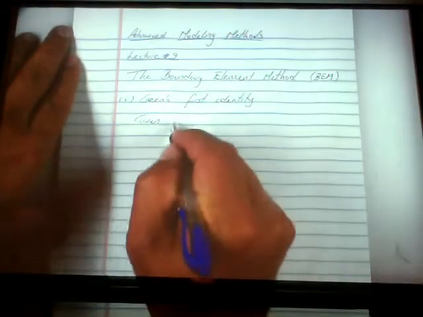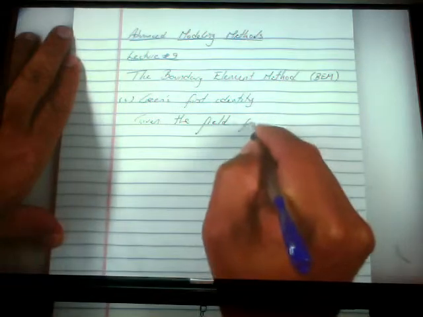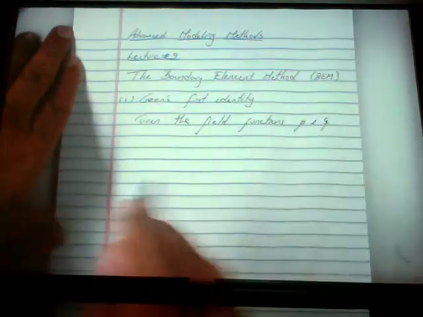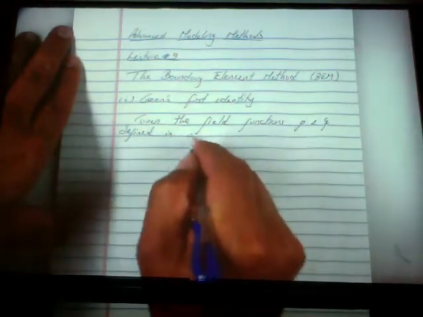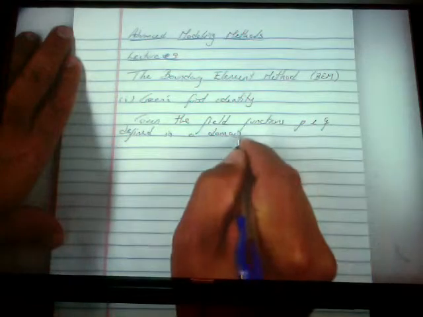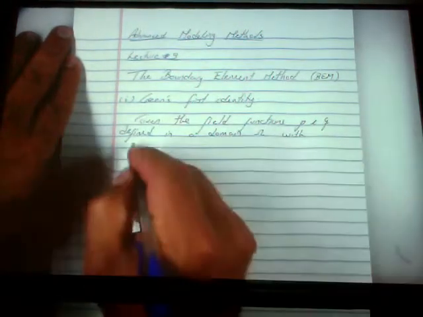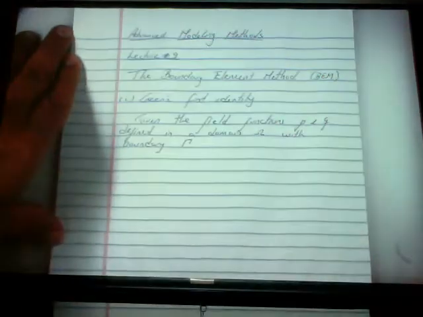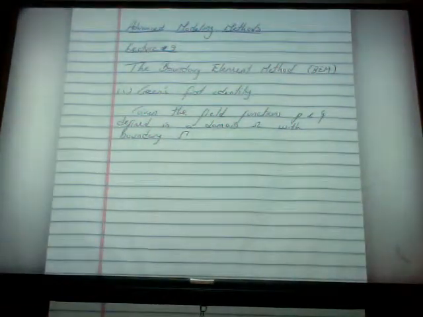Given the field functions P and Q, defined in a domain omega with boundary gamma, Green's, George Green.